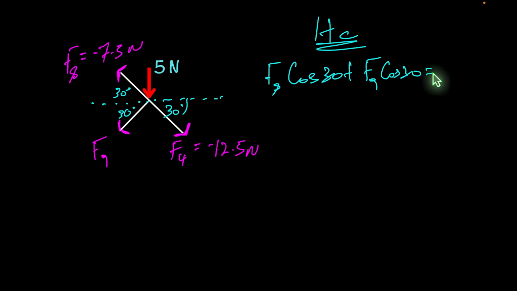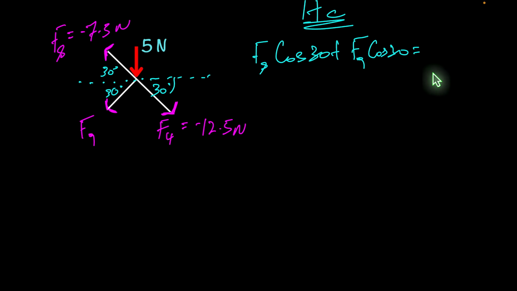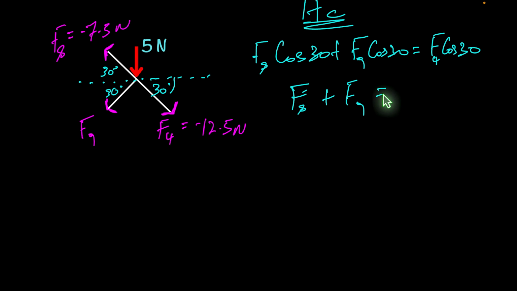And all of that should be equal to, so what's going to the right, let's balance that. So it should be F4 and cos 30. Now once again, because we have cos 30 in all of these terms, we can divide through by cos 30. So we're just left with F8 plus F9, and that equals F4.